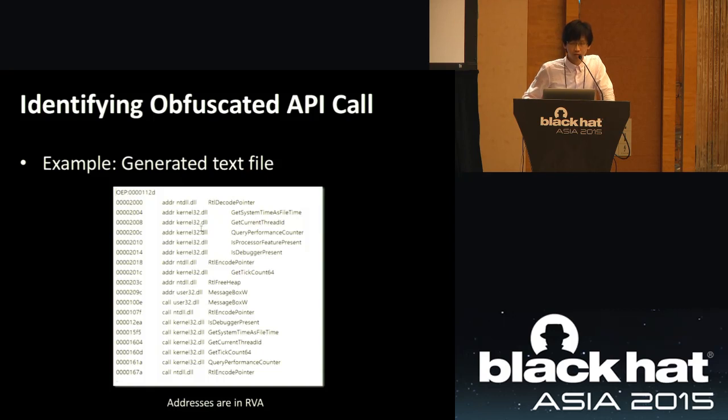It contains the original entry point, addresses, and some information that needs to be changed after OEP. In this picture, address means the address in the IAT that needs to be changed, and call means the call instruction that needs to be changed to this, and the address is an RVA because of ASLR.